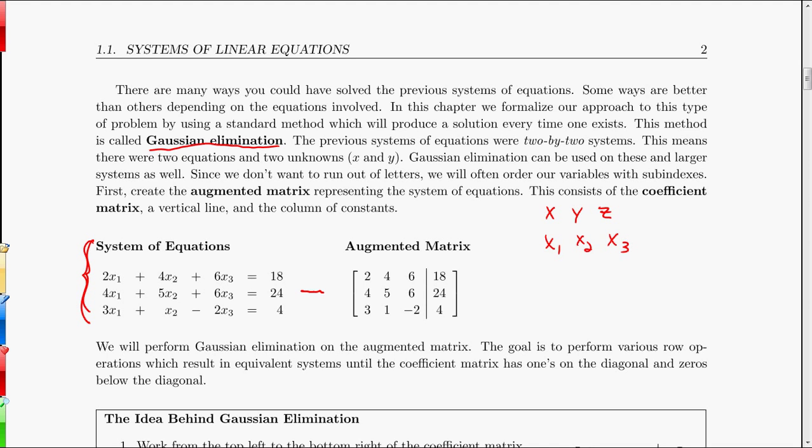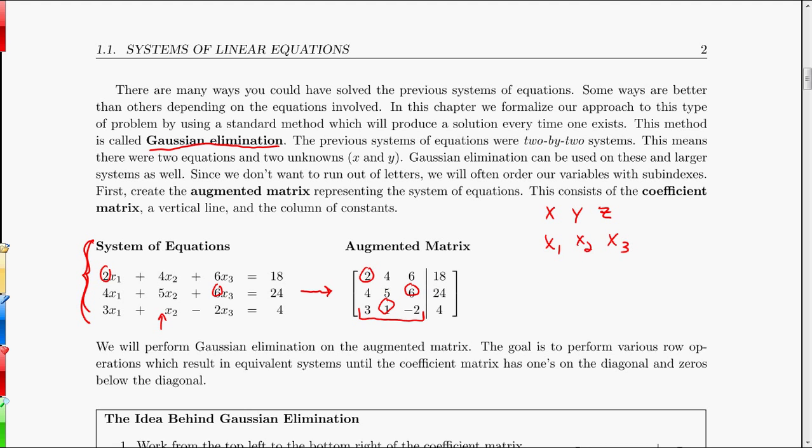And what we're going to do is we're going to turn this into an augmented matrix. And all the augmented matrix is a left portion which contains the coefficients of the variables in the appropriate order. For example, this 2 comes from that 2. This 6 comes from that 6. Right? And this 1 comes from the implied 1 sitting out in front of that x2.